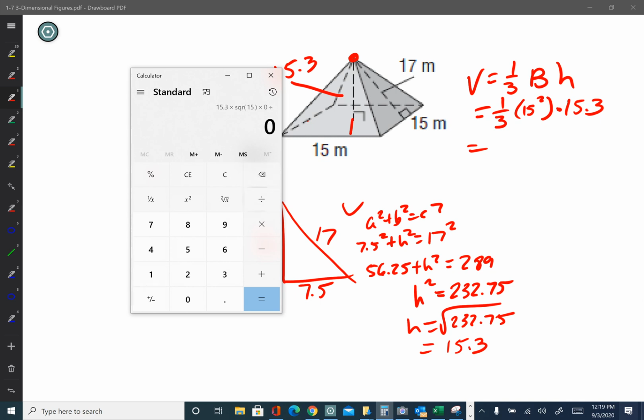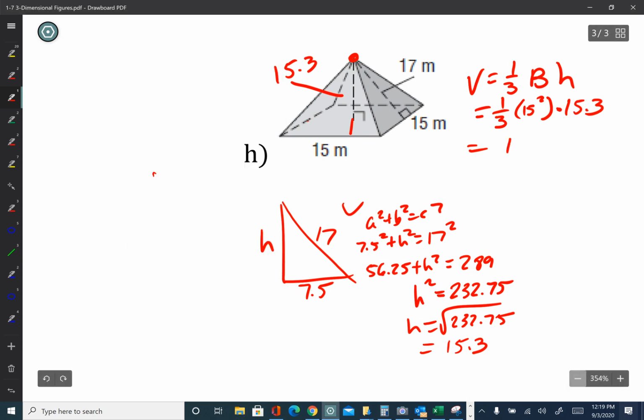I just did times 0. Bad idea. Oh, I can't go back. Dang it. I have to start over. Okay. 1 divided by 3 times 15 squared times 15.3. About 1,147.5 meters cubed.